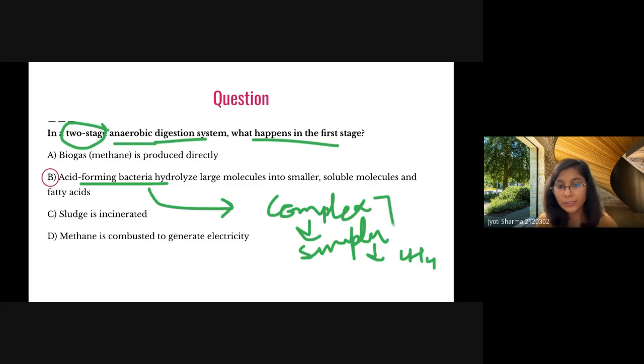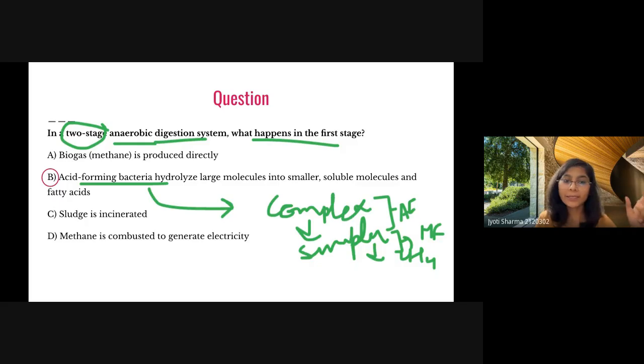For this we need acid forming bacteria, and for the next we need methane forming bacteria. So in anaerobic digestion we have two steps. First we need acid forming bacteria, and then we need methane forming bacteria.